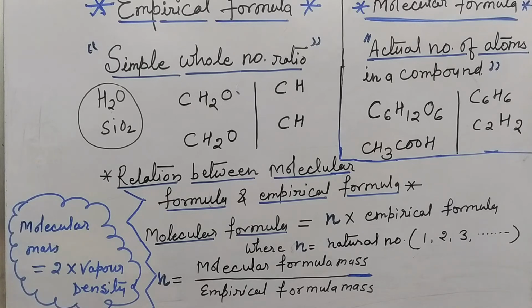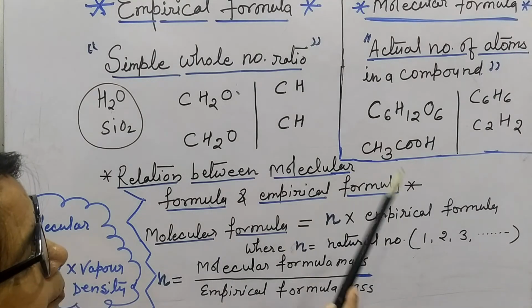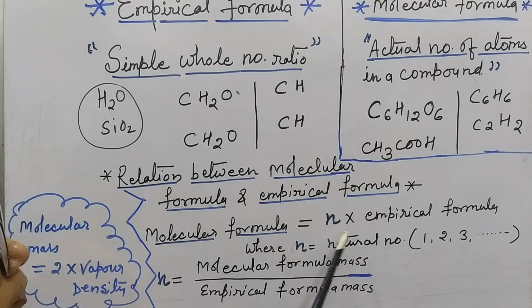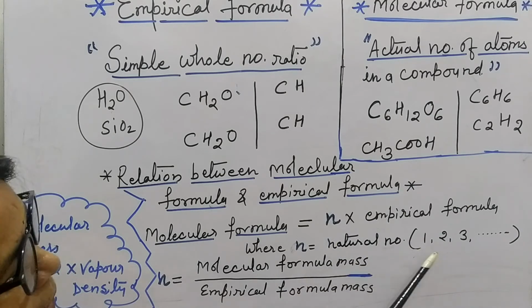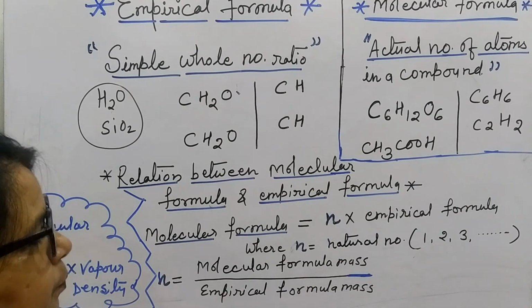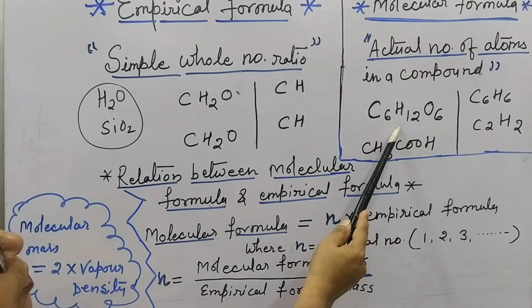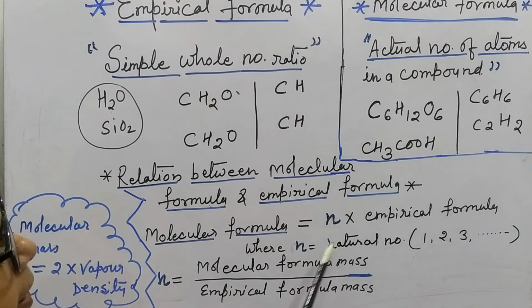Now, in most of the numerical problems, we can see this relationship between the molecular formula and empirical formula. So molecular formula equals n into empirical formula. N is what? It is a natural number. It may be 1, 2, 3 and so on. Like in this glucose molecule, what is the n number?